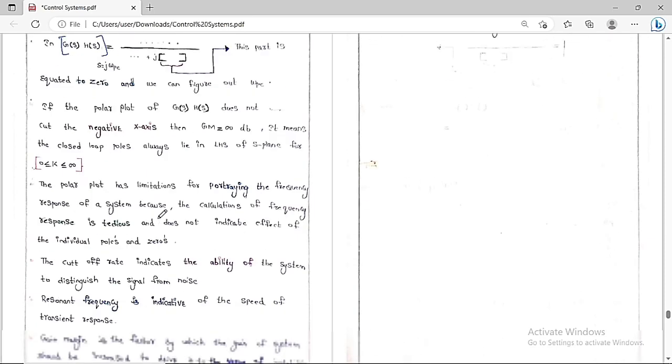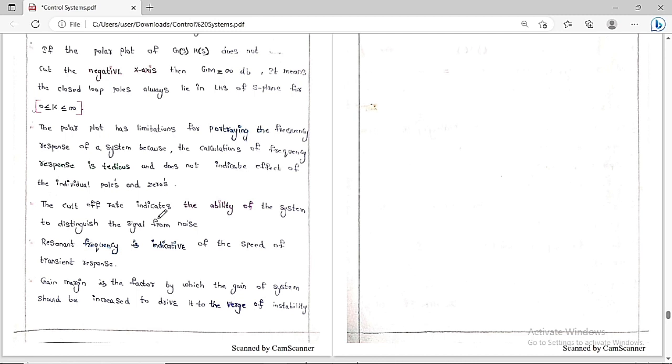The next point is, the polar plot has limitations for portraying the frequency response of a system because the calculations of the frequency response are tedious and do not indicate the effect of individual poles and zeros.